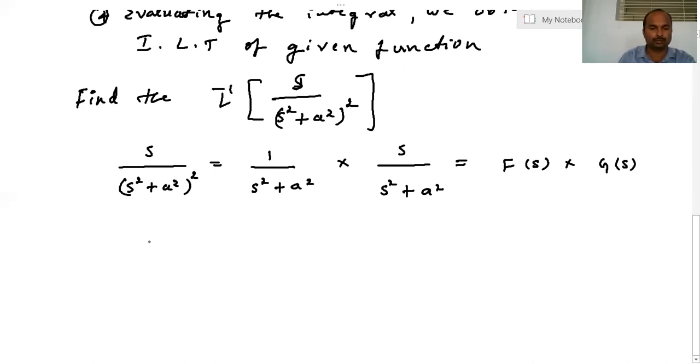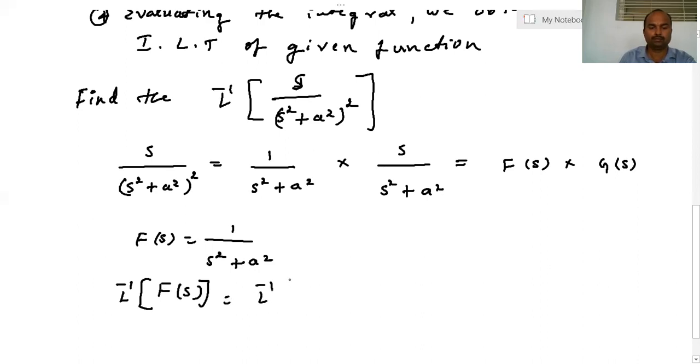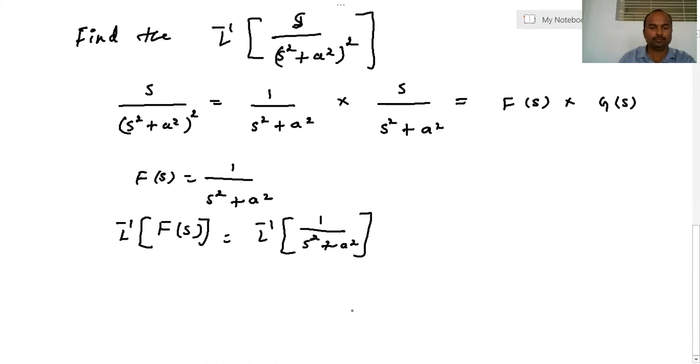Find the inverse. So what is F(s)? That is 1 by s square plus a square. So its inverse, find its inverse. Inverse of F(s) is equal to inverse of 1 by s square plus a square. So this is f(t).